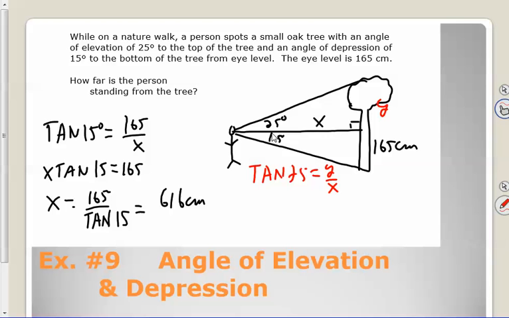Now I just found x, but I'm not going to worry about that right now. Tangent 25 is equal to y over x. So y is x times the tangent of 25.